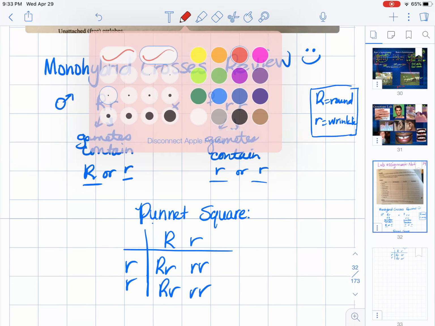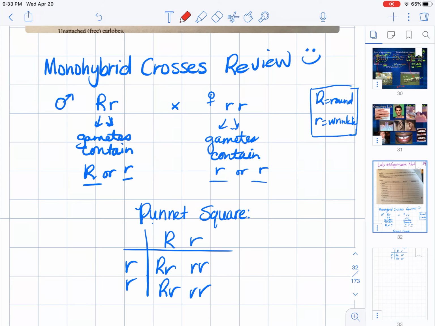I just want to take a quick peek at our last lesson, monohybrid crosses, with a quick review about the alleles that we were talking about when we talk about a certain gene for a trait, like the type of seed shape, for example. We could have two possible alleles, either a round or a wrinkled version of that gene, and one of them will be dominant.